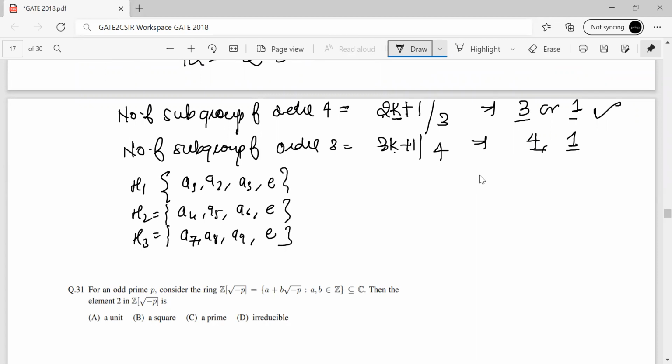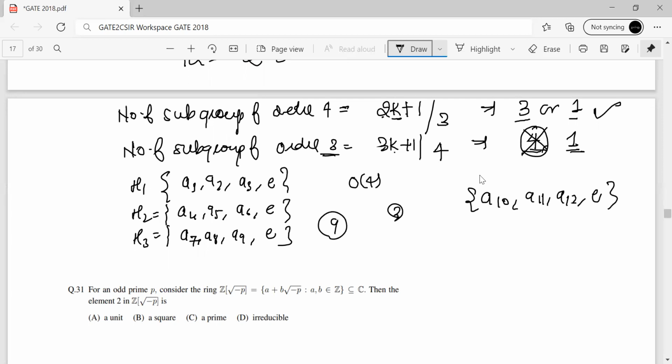How many elements have been utilized? 9 of them have been utilized to make groups of order 4. So how many elements are left? 3. The number of subgroups of order 3 can be 4 or 1. I cannot make 4 now because I have only 3 elements left. So I'll form a subgroup of order 3: A10, A11, and A12.